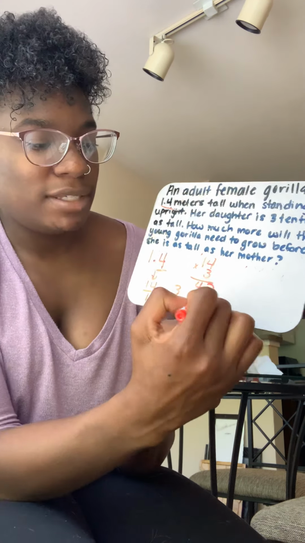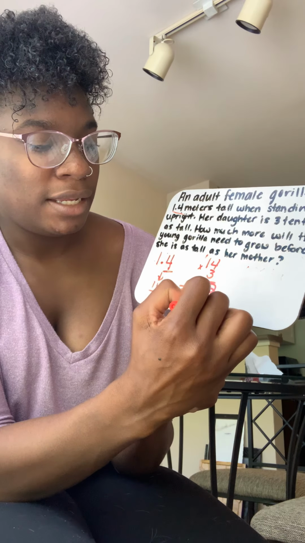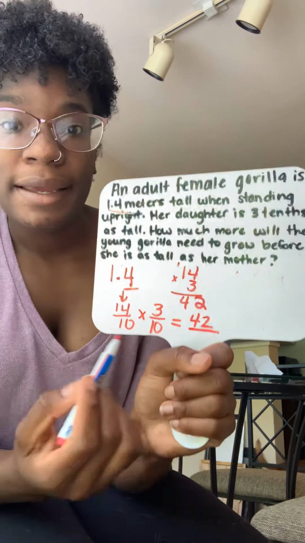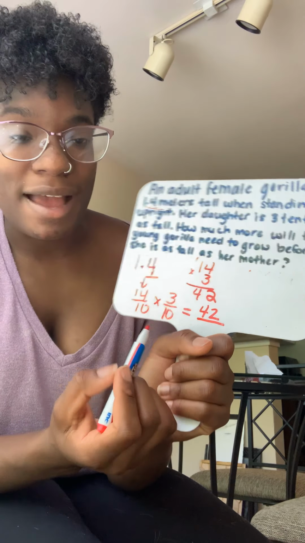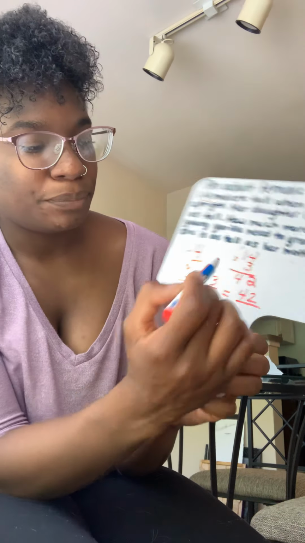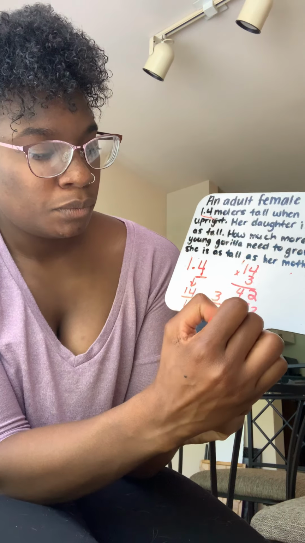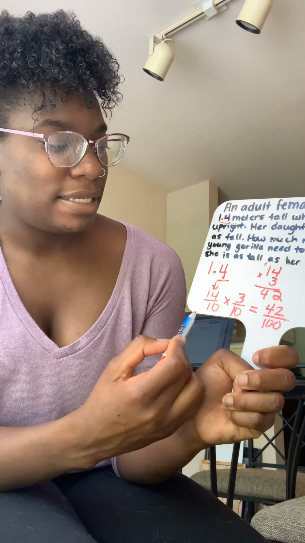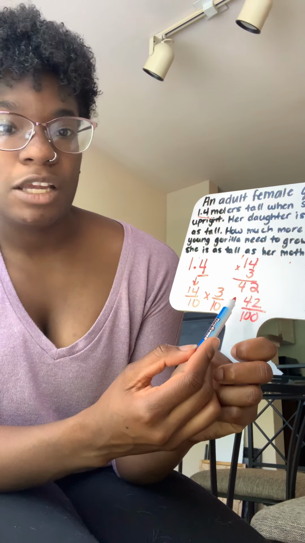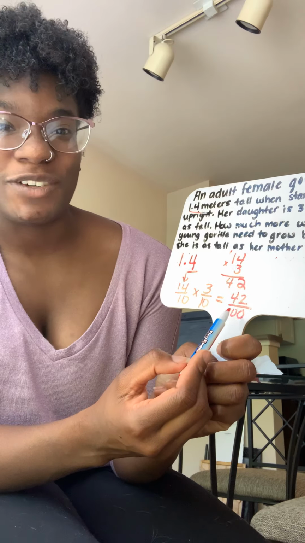So we now know that 14 times 3 is 42. And 10 times 10, we've got 100. So we know that 14/10 times 3/10 is equal to 42 hundredths.